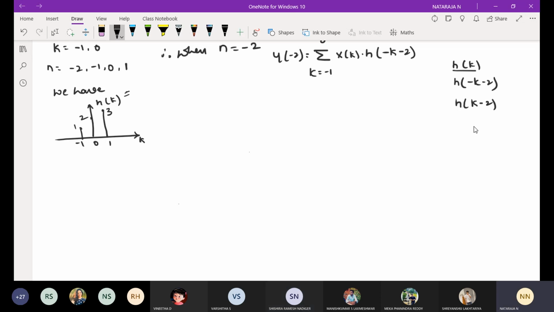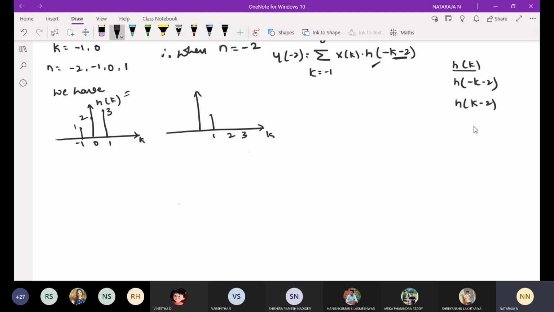I need to represent this h of k in terms of h of minus k minus 2. For that I need to do the shifting property first. Yes, sir. First I need to do the shifting property. 2 times I need to shift towards the right side. Am I right? Yes, sir. If I move this signal 2 steps towards the right side, my signal starts at +1 and ends at +3.